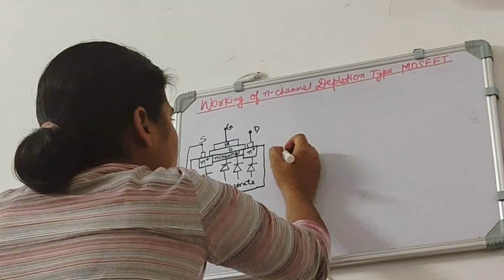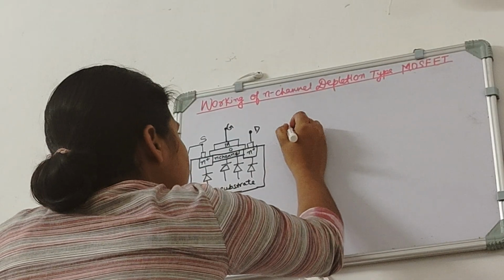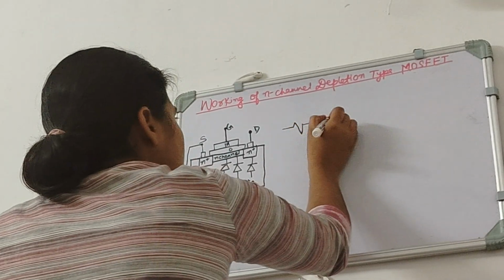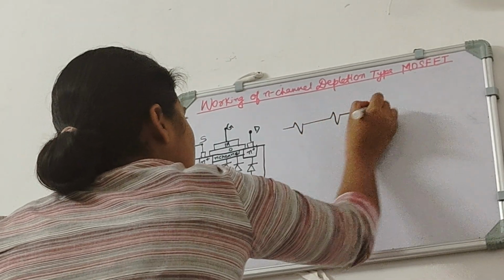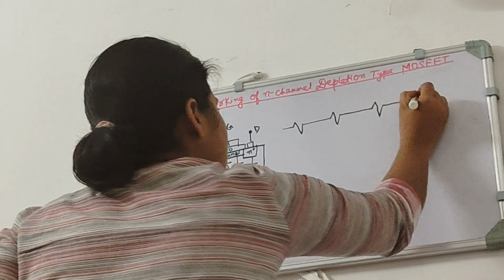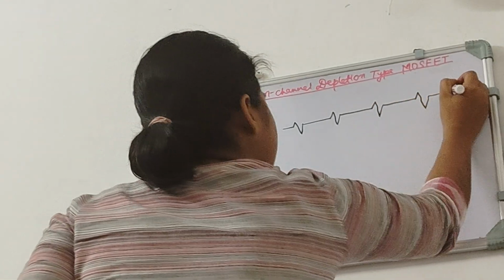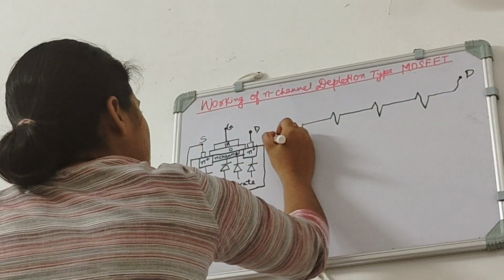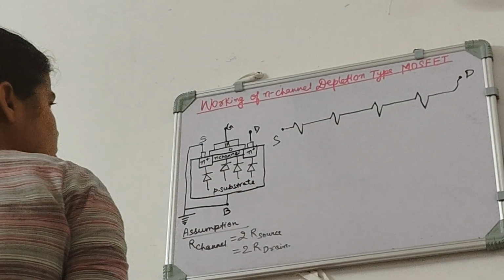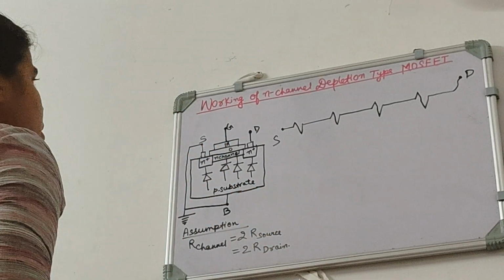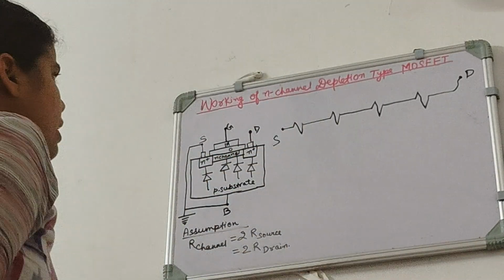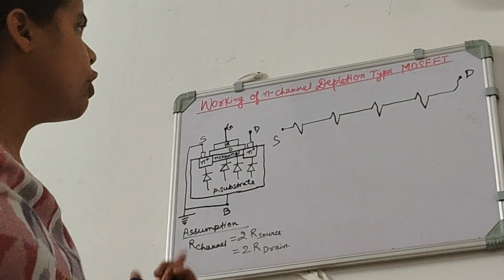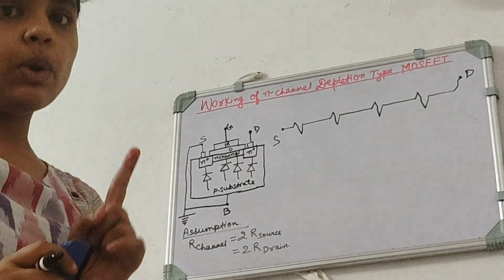Okay. Now we will first draw the equivalent resistance for our source, our channel and our drain. This is the drain terminal, this is the source terminal, and one more thing, here we are considering the working of the n-channel depletion type MOSFET for condition 1.